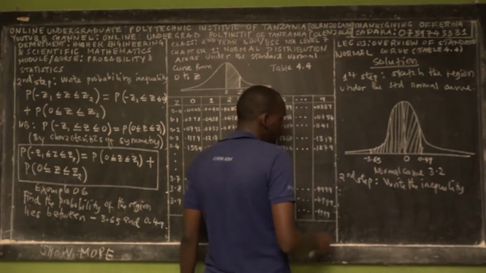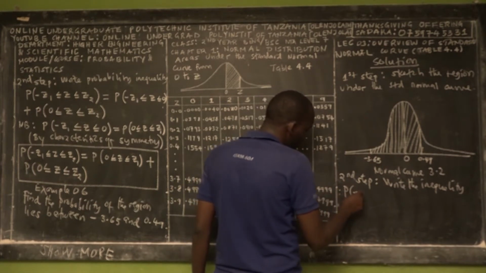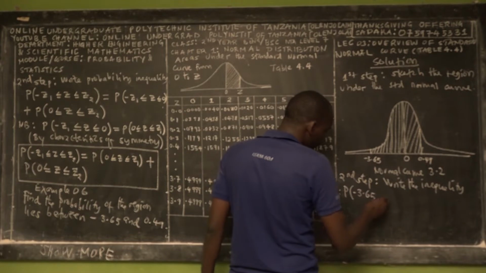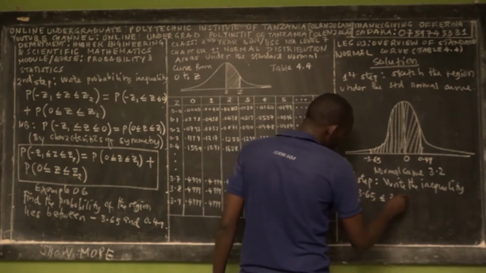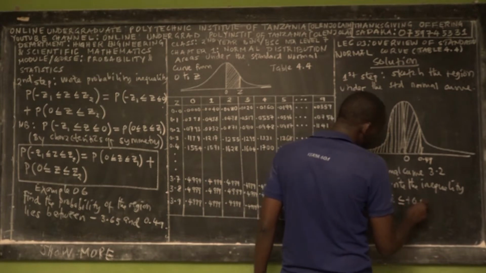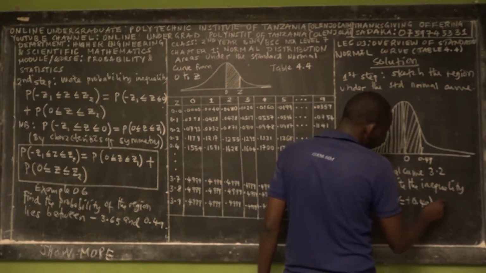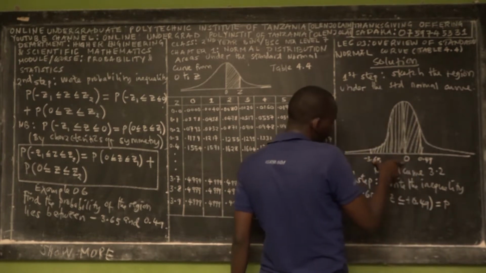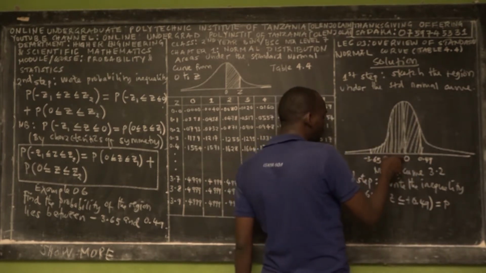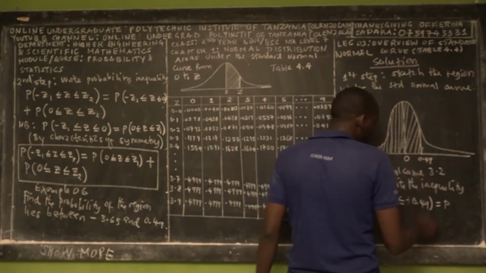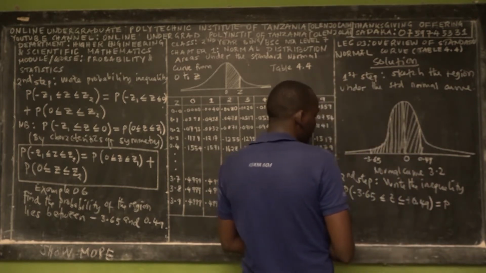So to write an inequality, we are looking for probability from -3.65 to positive 0.49, and this is equal to the probability of the first region on the left-hand side of 0 and the probability of the region on the right-hand side of 0.